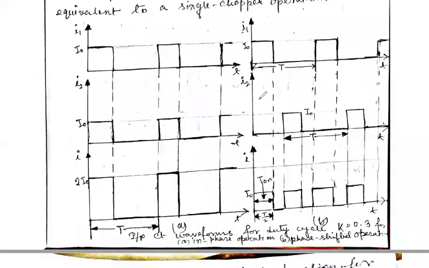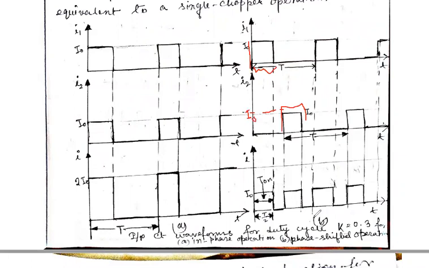During this time period CH1 is on, and the current flowing through CH1, I1, has a maximum value of I0. Then CH2 is on, and the maximum value of the current I2 is I0.